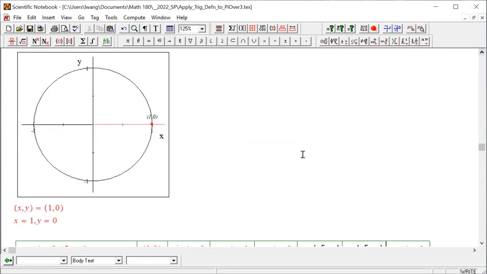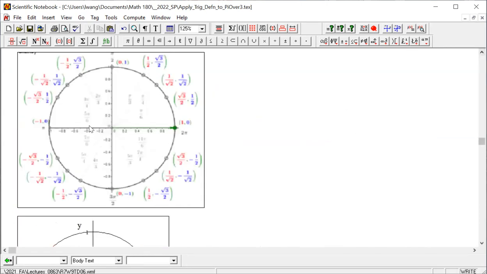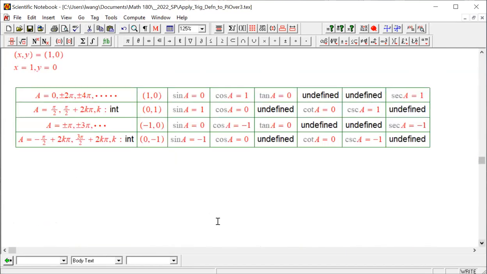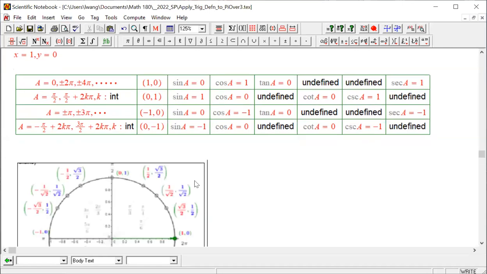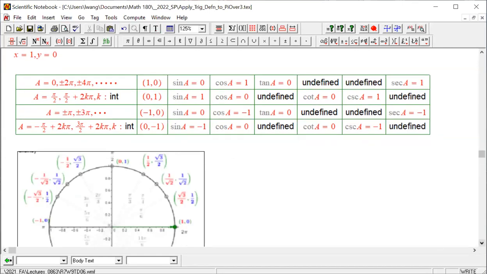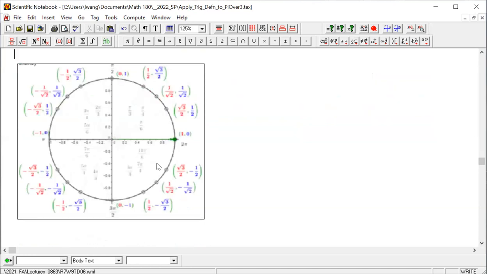So now let's bring back this piece. If you take this unit circle, I got this from the internet, I did not create this one. But now you look at each one of these numbers, you know where they came from.